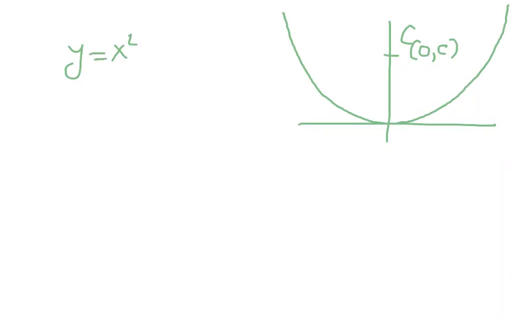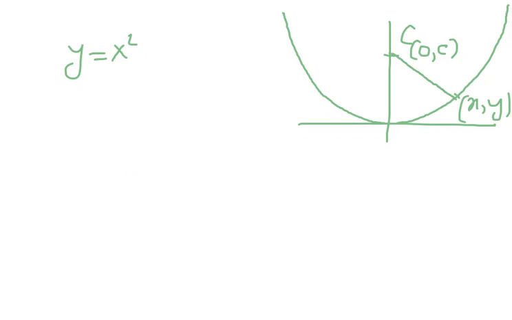We need to find the shortest distance of point C from the parabola. So shortest distance could be here or somewhere else also. So this point I'm taking xy because x, y lies on the parabola.